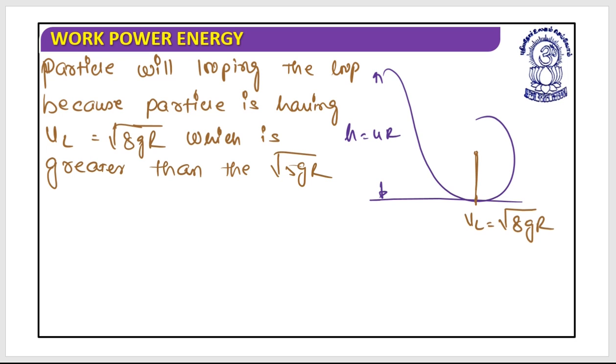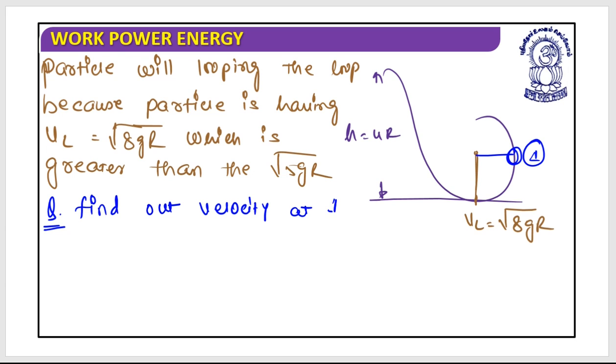Now let me add a question and you just answer it. Let's suppose this is the location, I name it 1. The question is, find the velocity at 1. This is 90 degrees, as you can observe. So the total energy at L would be equal to the total energy at 1.